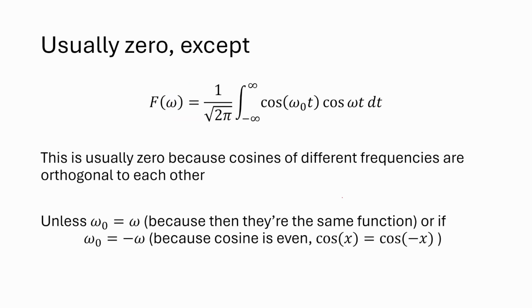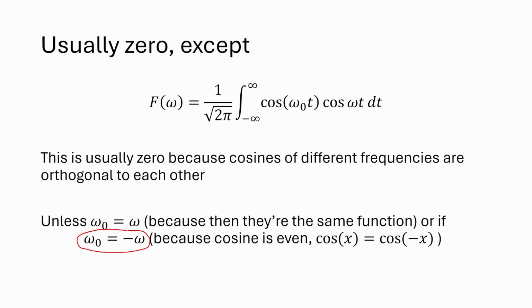But there's one particular case where these two things are not orthogonal, and that's when they are the same thing. Or if, and this is the one you need to be really careful about, it's a little less obvious. Remember, we are looking at all positive and negative values. We're scanning over the entire number line here.